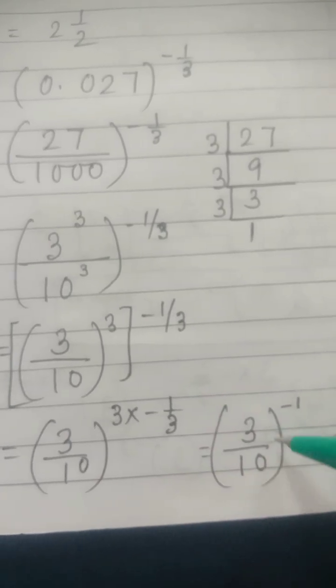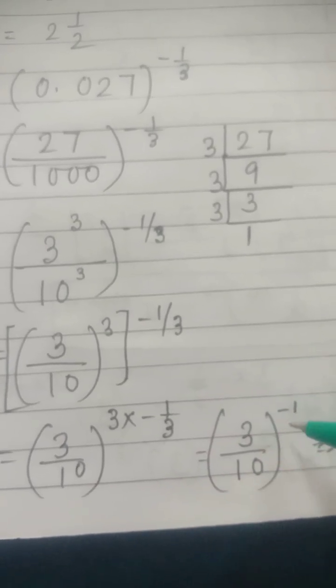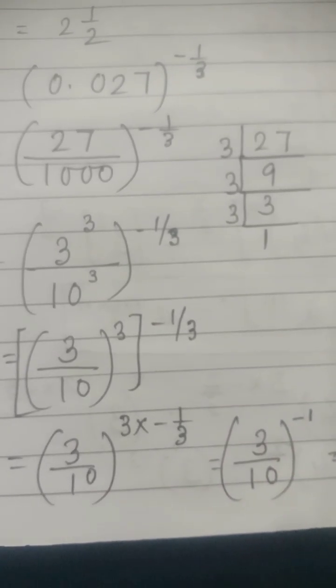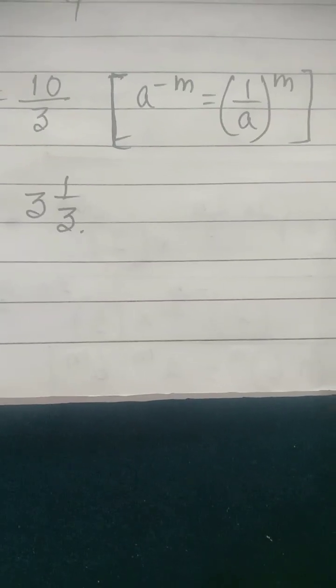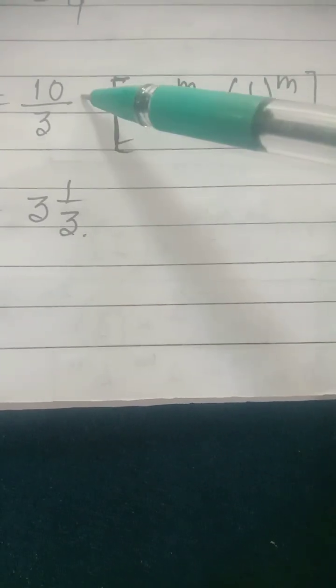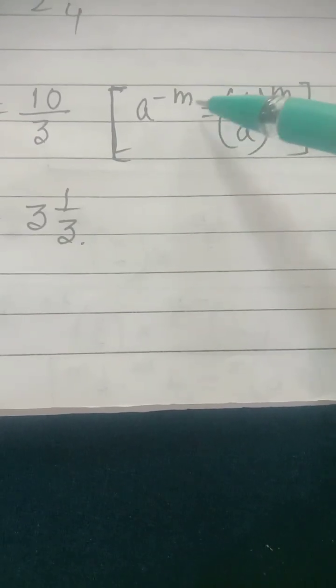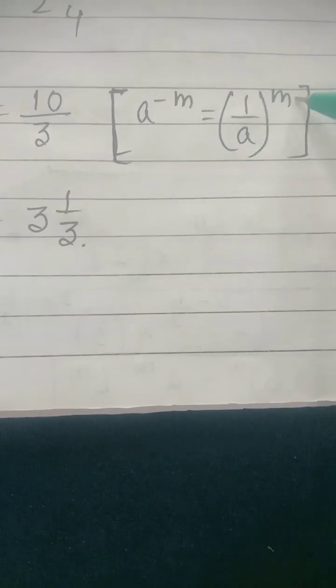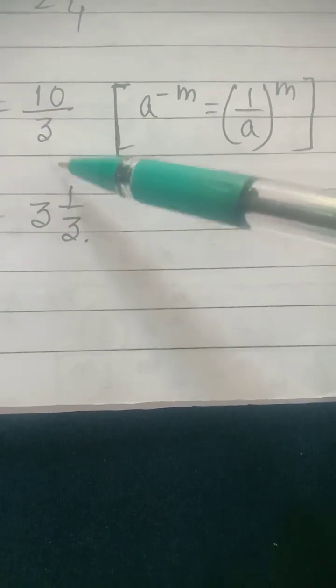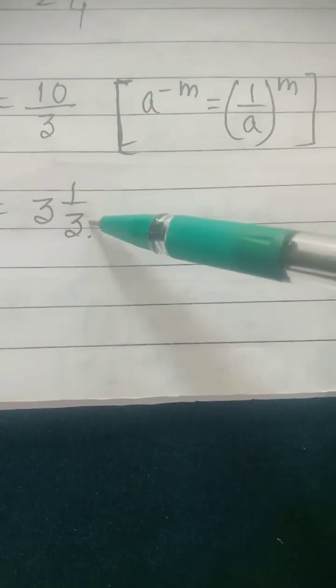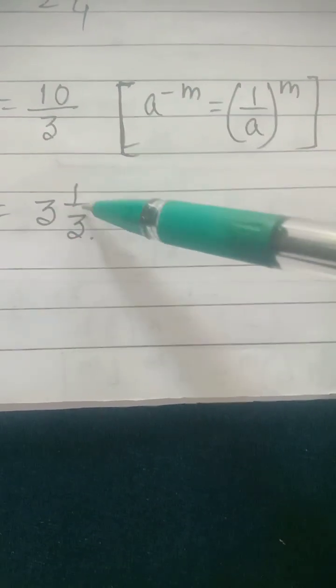So what will we get? 3 by 10 to the power minus 1. And 3 by 10 to the power minus 1 can be written as 10 by 3, because a to the power minus m is equal to 1 by a to the power m, according to this law. So 10 by 3 is coming. It can easily be converted to a mixed fraction: it's 3 whole 1 by 3.